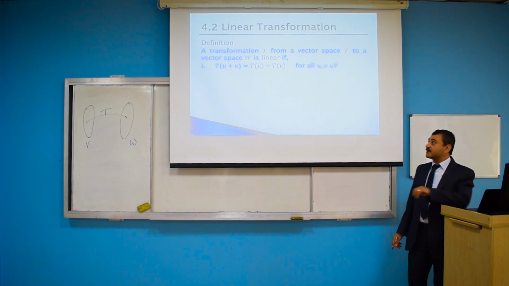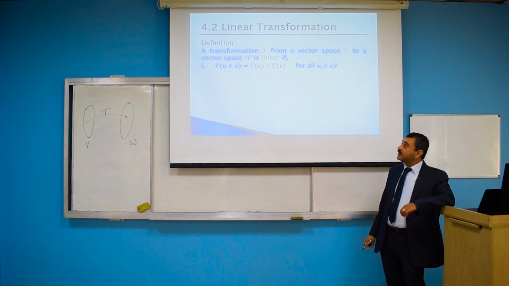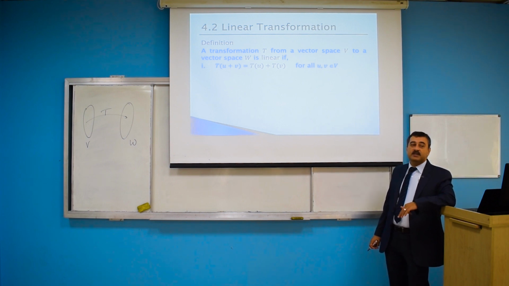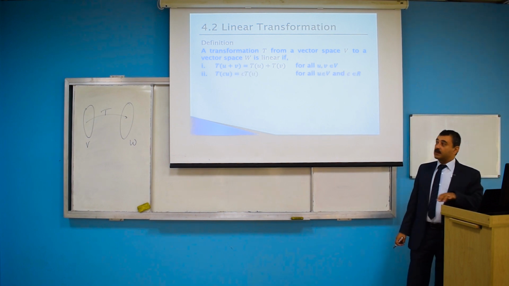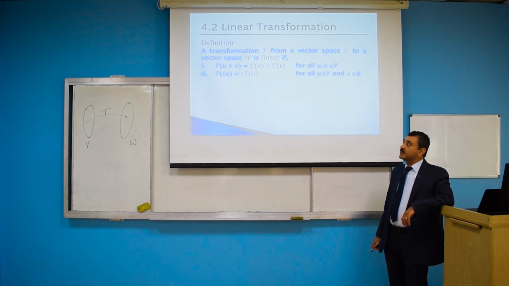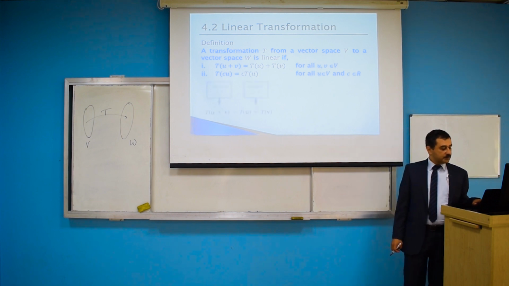The first is transformation of the sum of two vectors u plus v equal the sum of the transformations, and the transformation of a scalar multiple of the vector u equal to the scalar multiple multiplied by the transformation of u.